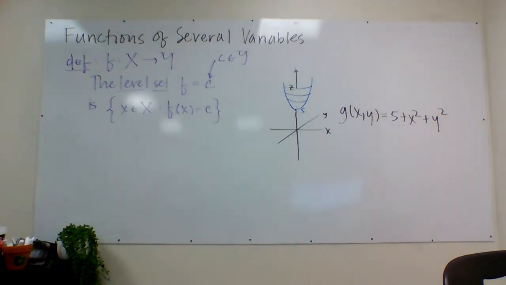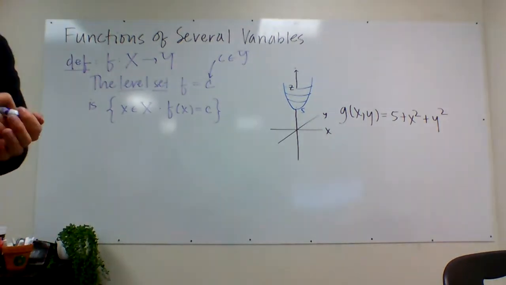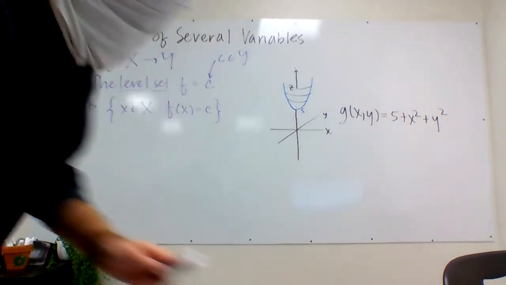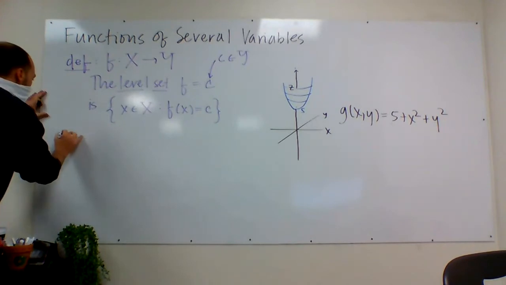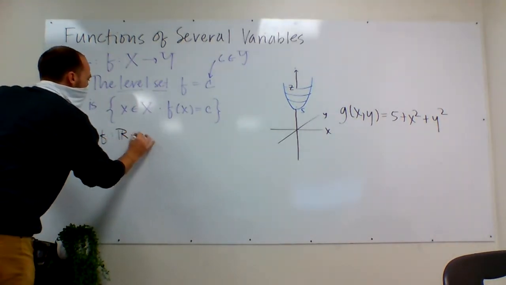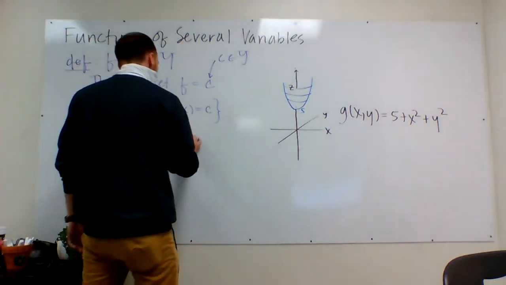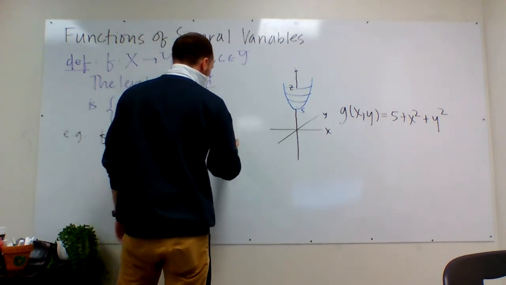Okay, so let's take it back to algebra 1. I'd like to do that. For example, let f be a function that takes in real numbers and gives you back real numbers. It's one we like to talk about a lot: f of x equals x squared.